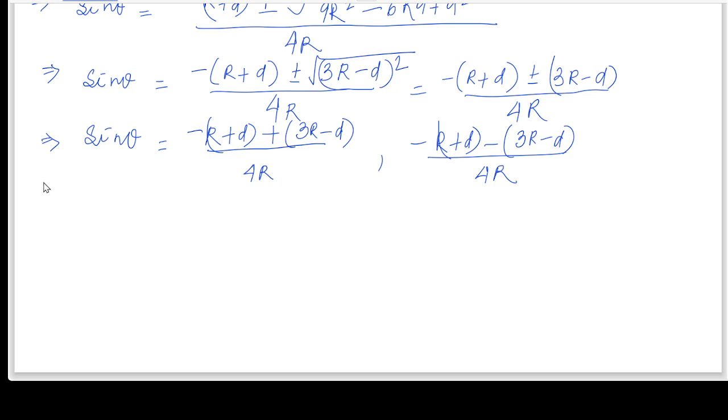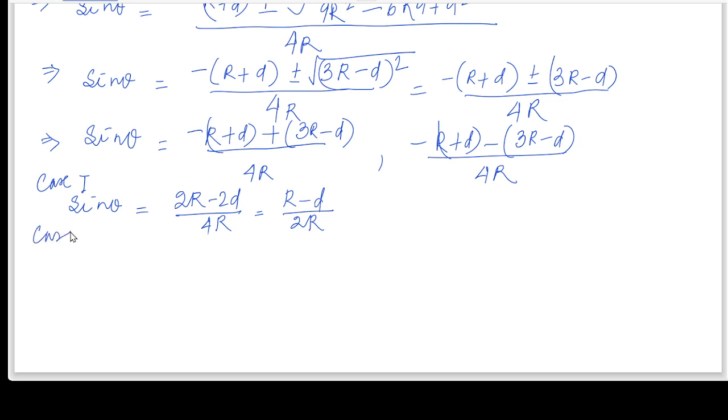So case 1, sine theta equals 2R minus 2d by 4R, which is R minus d by 2R.